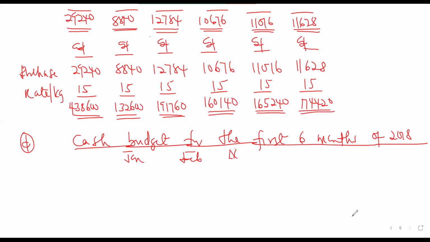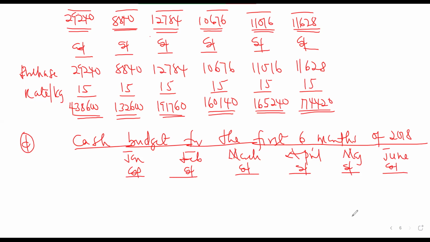So we have March here, we have April here, we have May here, and we have June. Okay, so what we do is that we always show the net cash flow for the month. Then we add our opening balance, or you can even start with the opening balance, just like how you prepare your cash account.